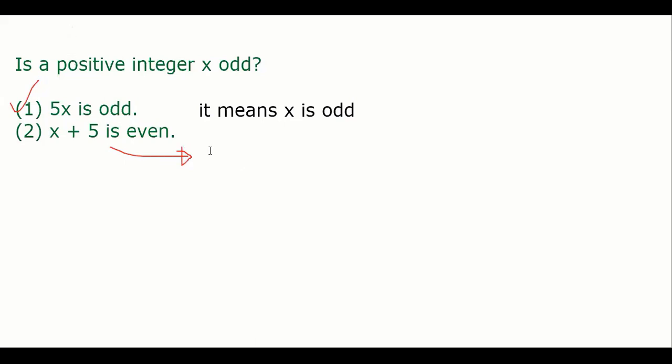Divya, what about the second one? x plus 5 is even. So x plus 5 is even can happen only when x is odd or even? It definitely means x is odd. Then only x plus 5 is even, correct? From the second also we know that x is odd, so we can answer the question.